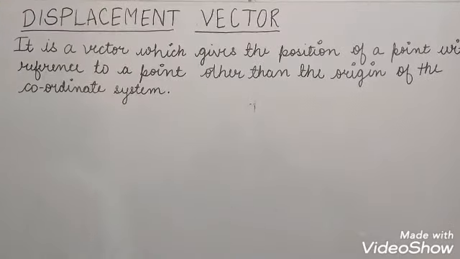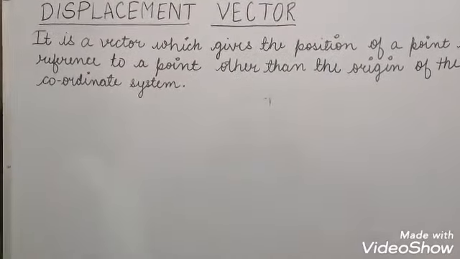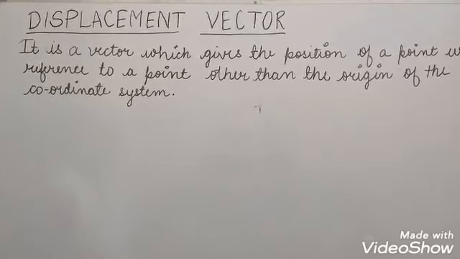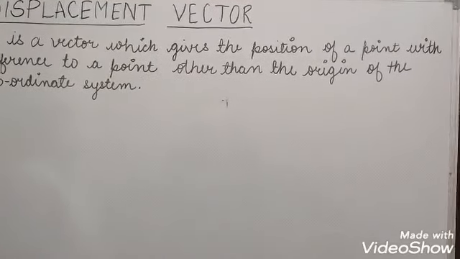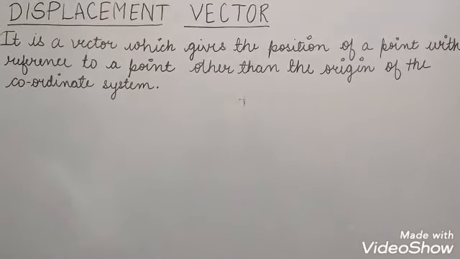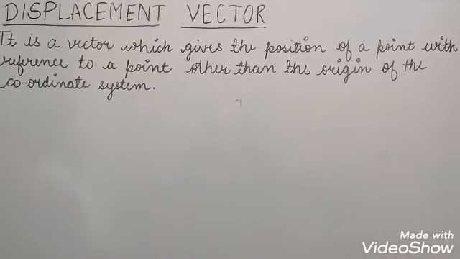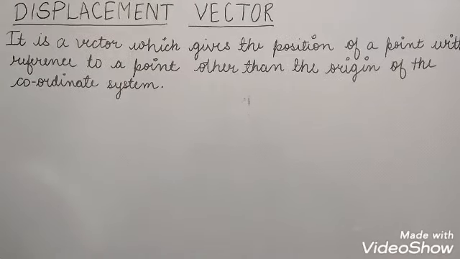Now look here, we'll see the displacement vector. It is a vector which gives the position of a point with reference to a point other than the origin of the coordinate system.